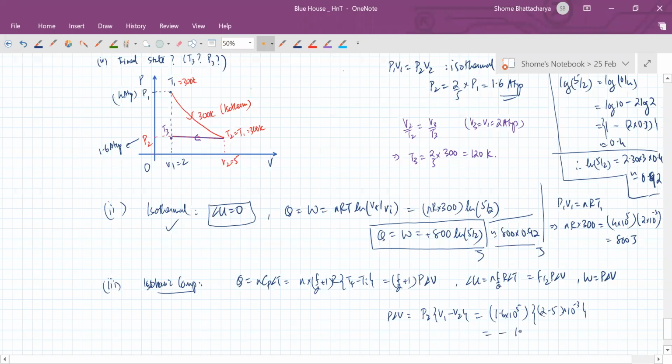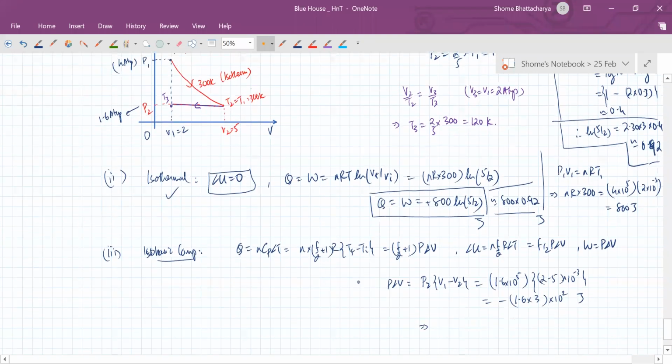So it is minus of 1.6 into 3 into 10 raised power 2 joules. So work done is minus 480 joules. Q is minus of F by 2 plus 1 into 480 joules. And delta U is minus F by 2 into 480 joules.